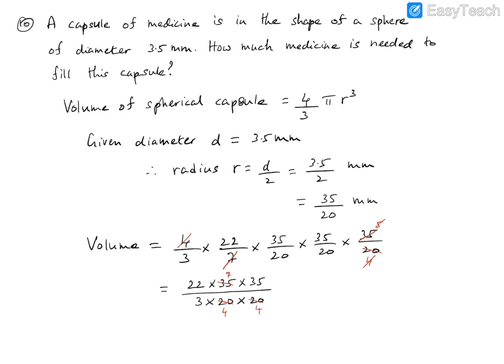Similarly, we have 5 going into 20 4 times, and 5 goes into 35 7 times. So we end up getting 22 into 7, which is 49, divided by 3 into 4 into 4. That is 4 4s are 16 into 3 48.